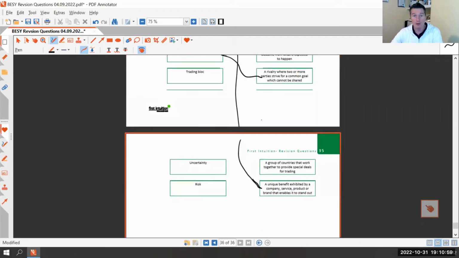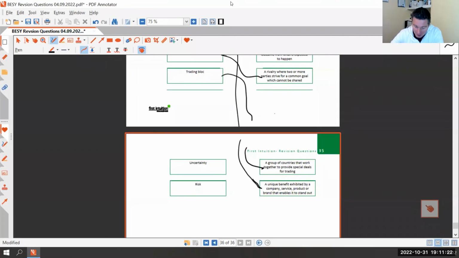So a trading block is a group of countries that work together to provide special deals for trading. So there might be no fees from moving from one country to others, no levies and things like that, special rules. That's a trading block. We won't open up that can of worms.